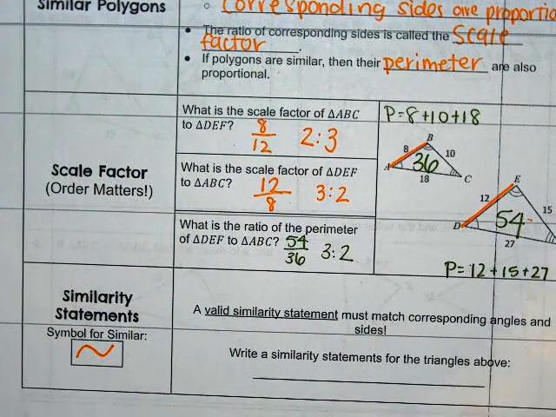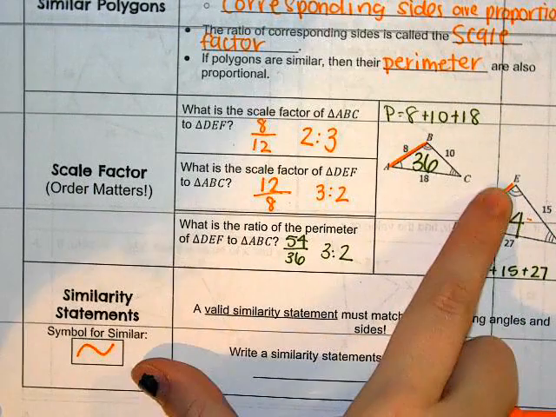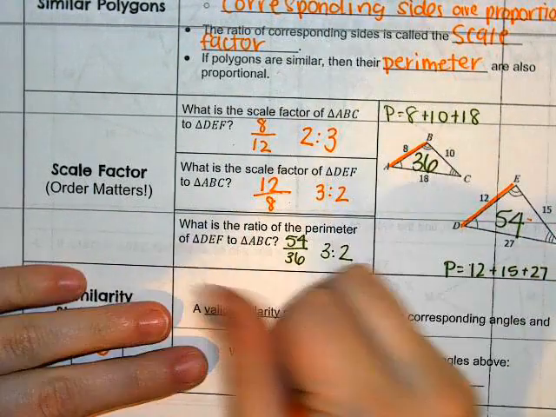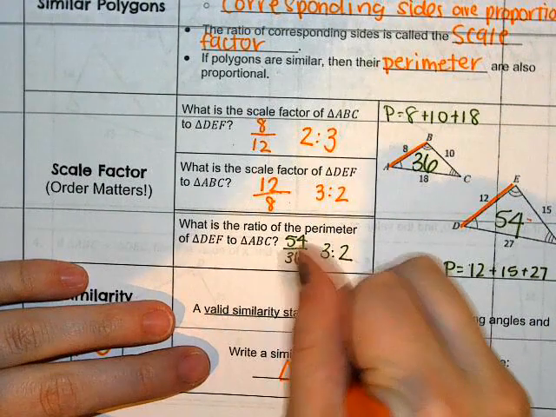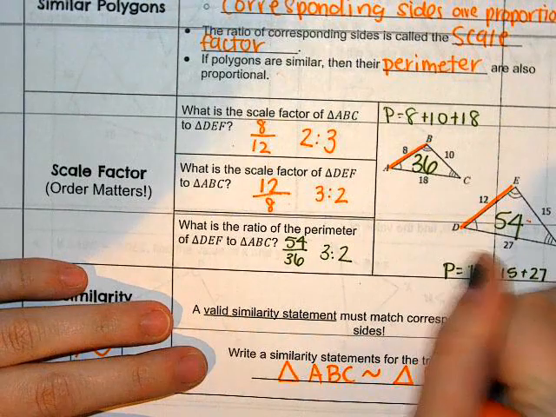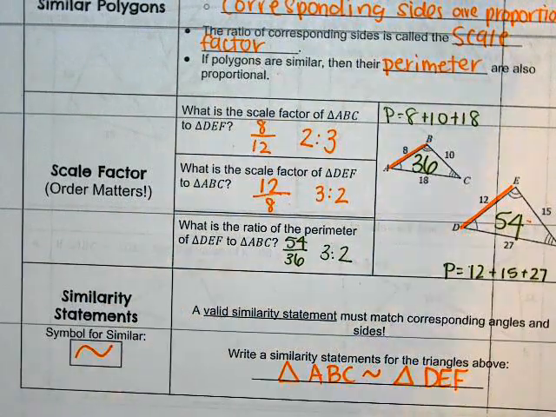But if we were to match the angles, this has 1, 2, 3 semicircles. 1, 2, 3 semicircles. So it would be triangle ABC, similar to triangle DEF. Remember, if you don't have corresponding angles and sides, then that means you cannot have a similarity statement because the triangles would not be similar.